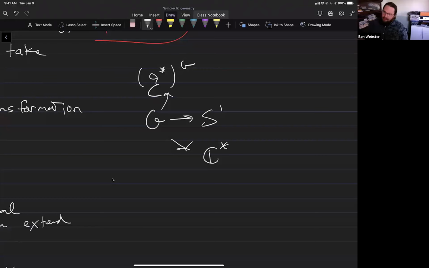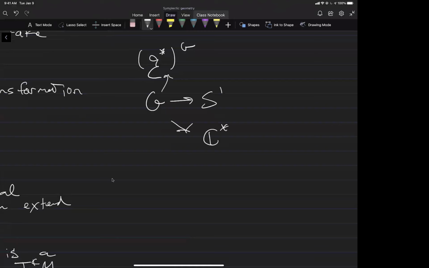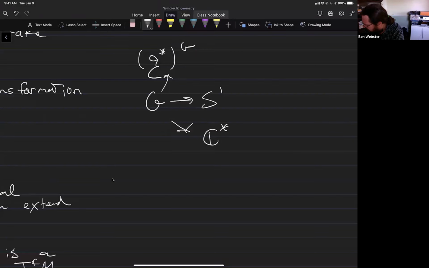The line bundle you get is the associated line bundle for the corresponding representation of G on C. So I think that should be okay. That's the kind of picture you should expect.